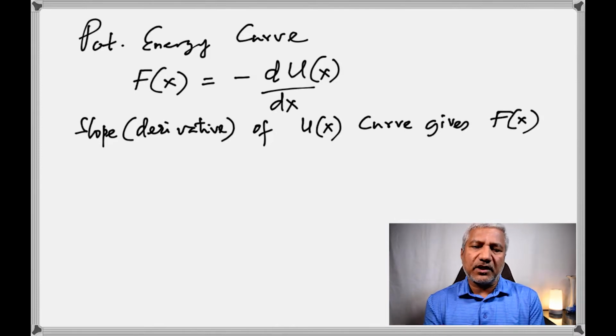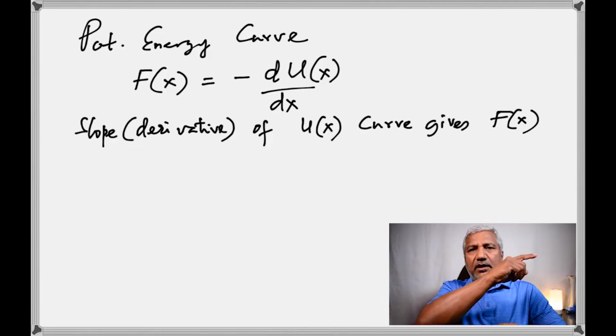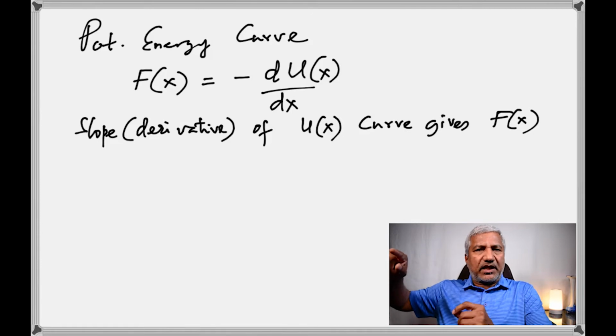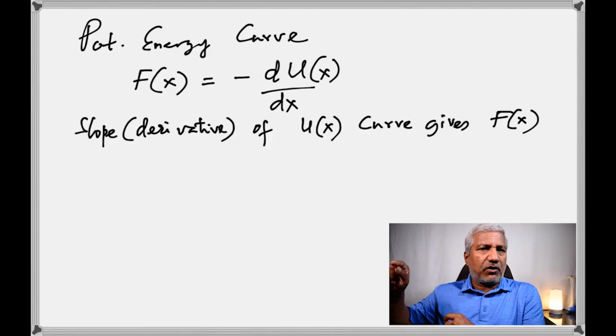Now, when it comes to curves, we know that there are turning points in a curve. Let's again go back to the example of a simple pendulum that's oscillating. Now, when the pendulum goes to one side, it stops there momentarily and then returns. Now, that's called a turning point. You know why?